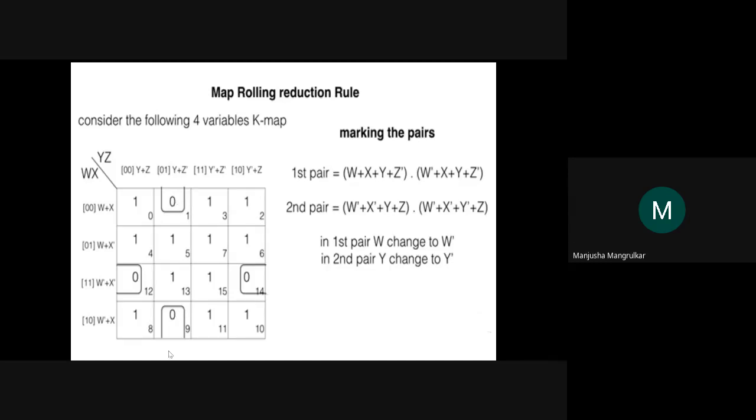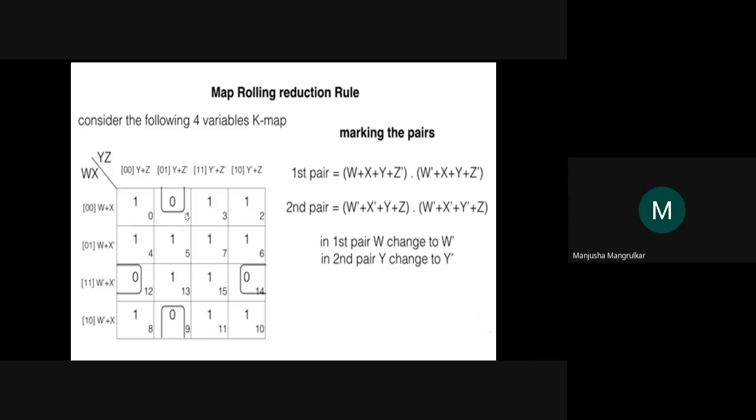Column number 1 and column number 9 can pair. Column number 0 can pair with column number 8, and also with column number 2, but it will not pair with column number 10. Same as 1 will pair only with 9, no other rolling pair.